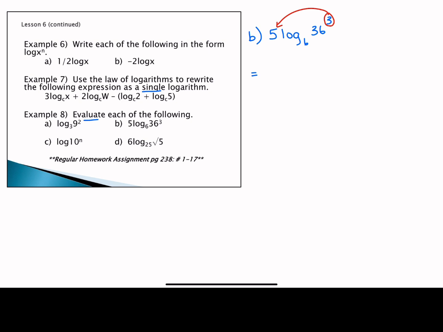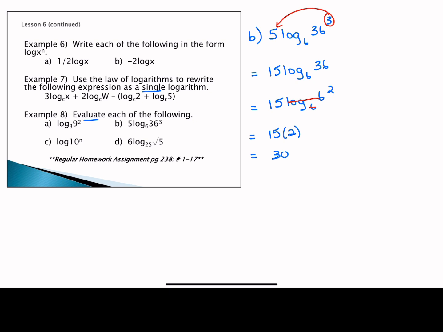So what we end up with is really 5 times 3 out front, or 15, times log base 6 of 36. We know that 36 is a base 6 number, so we can rewrite this as 15 log base 6 of 6 squared. And because the base of the log matches the base behind it, we can ignore those things. And this becomes 15 times 2, or 30, as our final answer.